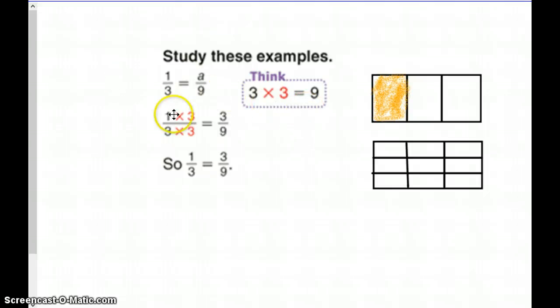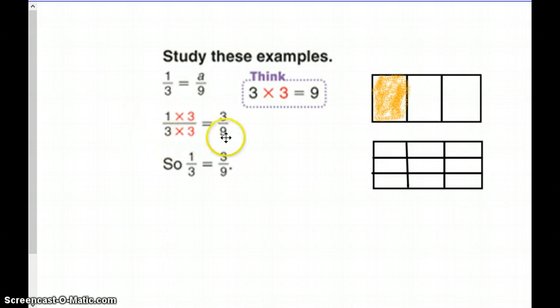So we need to think about, how can I get from 3 to 9? Okay, think multiplication. Well, we all know our fast facts, and we know that 3 times 3 equals 9. So we're going to write that down. 3 times 3 equals 9. Now we go back to our rule. Whatever we do to the bottom, we have to do to the top. So we're also going to multiply our numerator by 3.